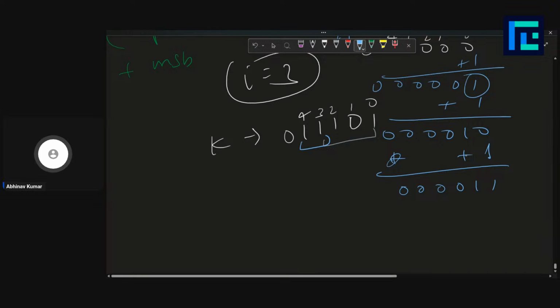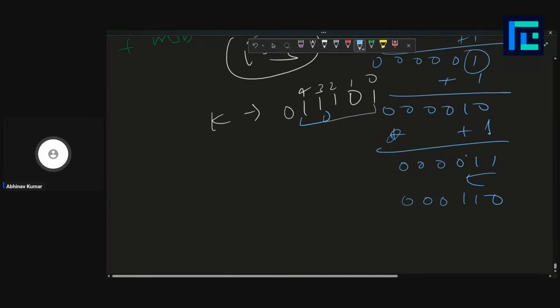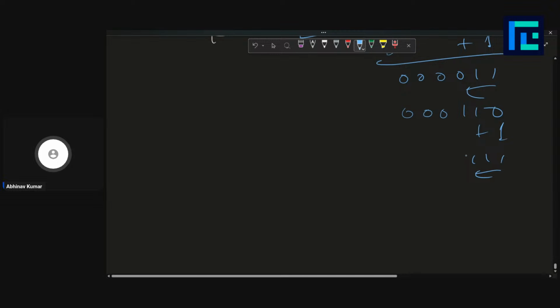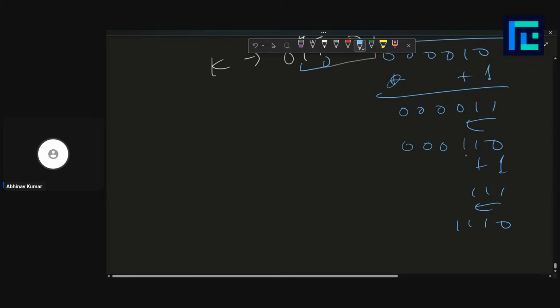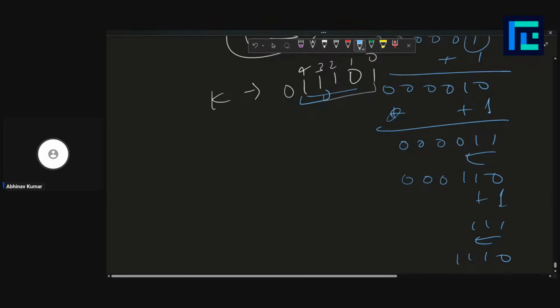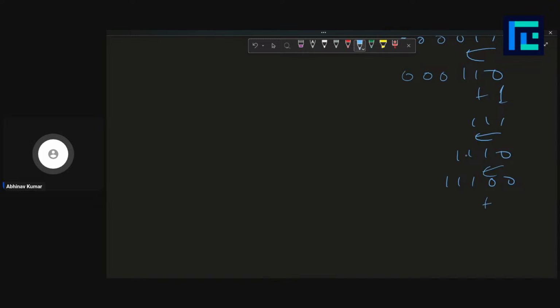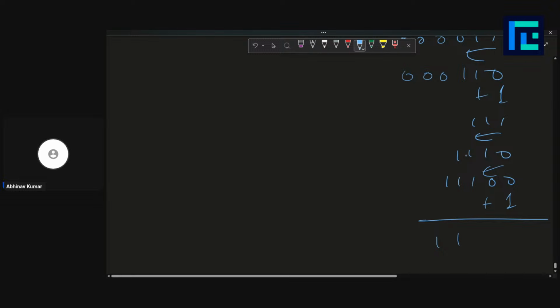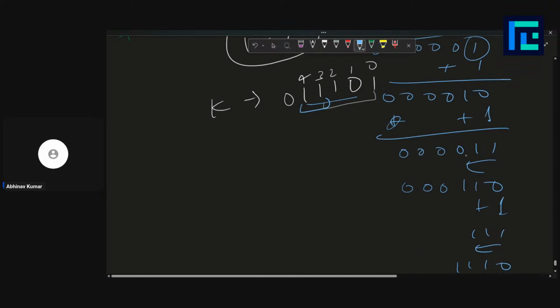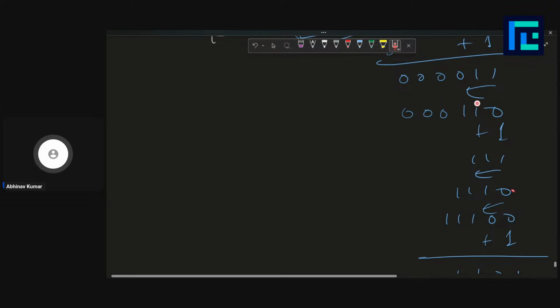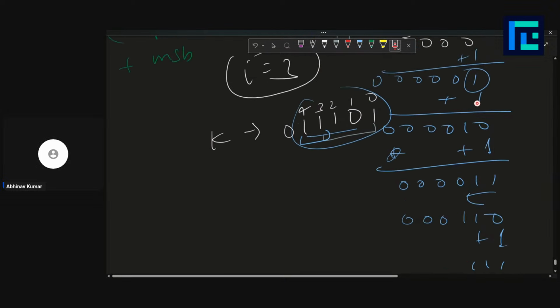Then you do a left shift operation, you reach 1 1 0. Then you do a plus 1 operation, you reach 1 1 1. Then a left shift operation, you reach 1 1 1 0. Then again a left shift operation, 1 1 1 0 0. Then a plus 1 operation, you reach 1 1 1 0 1. This final string you have obtained using only 3 left shift operations.